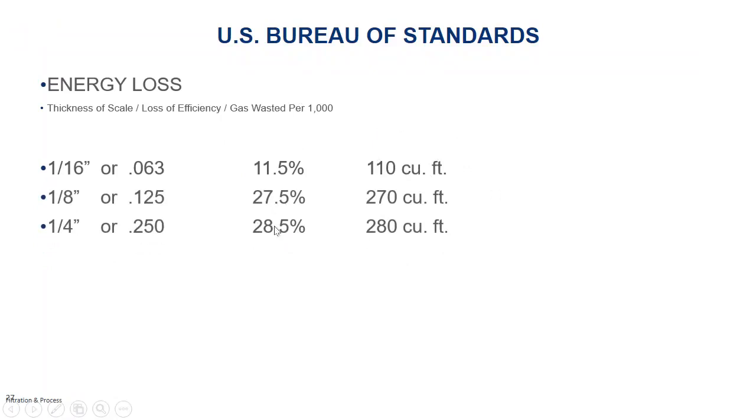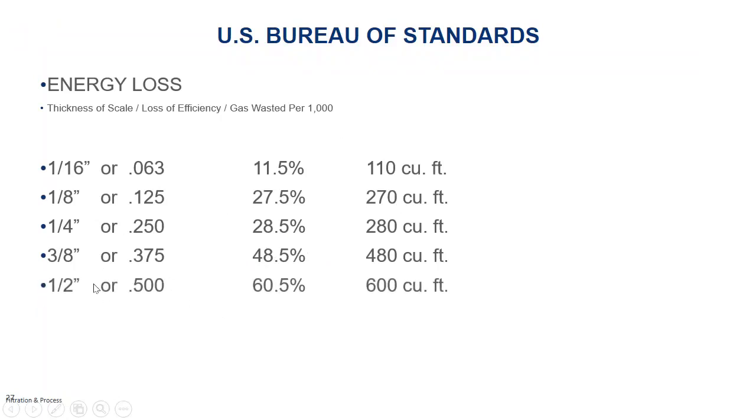1/4 inch, 28.5% efficiency loss. 3/8 of an inch of scale, almost a 50% efficiency loss. So my 75% efficiency unit is now down around 35 to 37% efficient. I'm losing a lot of money on my gas bill here.